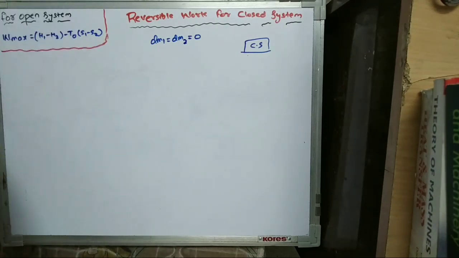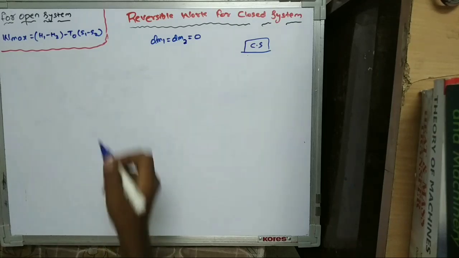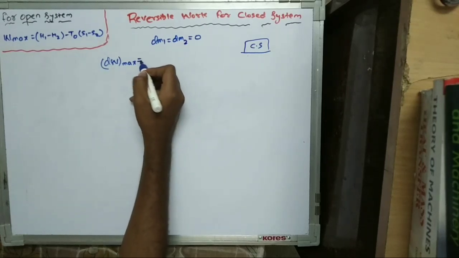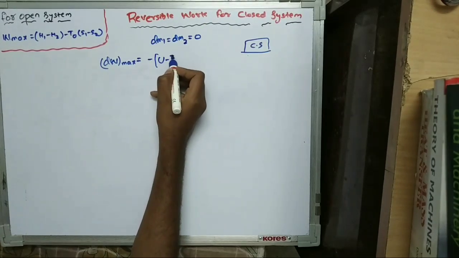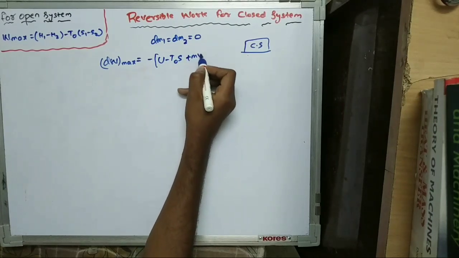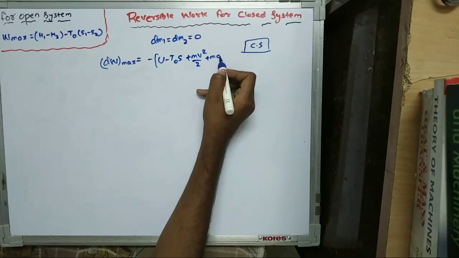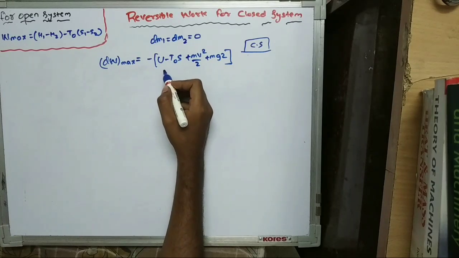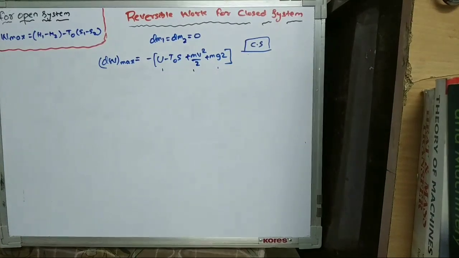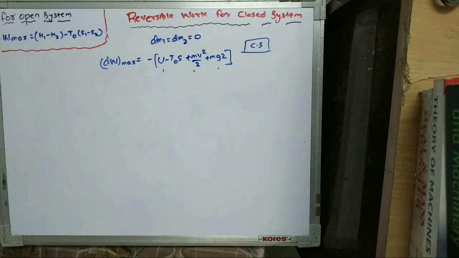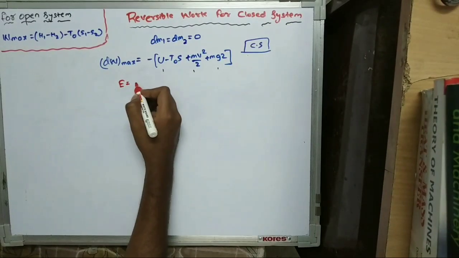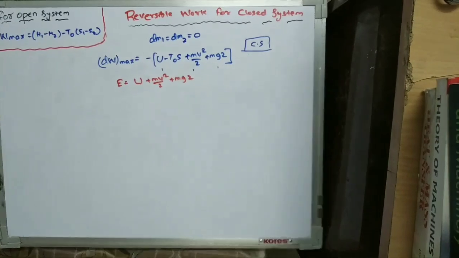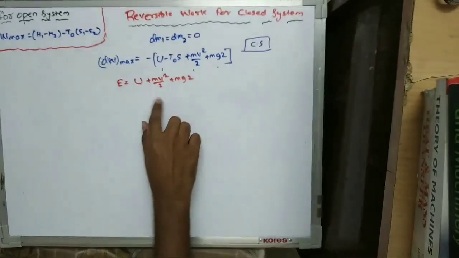So we write this as dW max is equal to minus d(U minus T0 S plus mv square by 2 plus m g z). Now we all know that the total energy E is equal to U plus mv square by 2 plus m g z, that is internal energy plus kinetic energy plus potential energy.